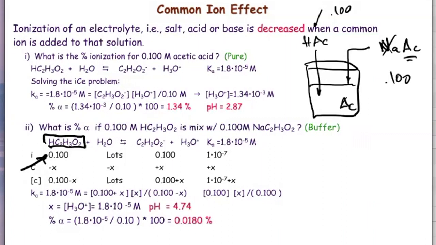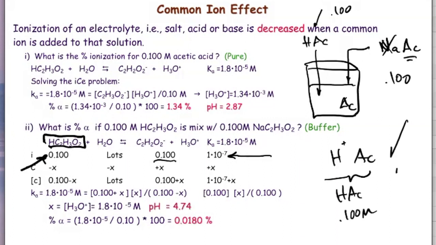So in this initial line right here, you have to put 0.1, because in your beaker of water, you not only have hydrogen ion and acetate ion, and this comes from the acetic acid, which was 0.100 molar, but you also introduce acetate ions from the sodium acetate, and that's 0.100. So that's why you have to put initial concentrations for both of these.